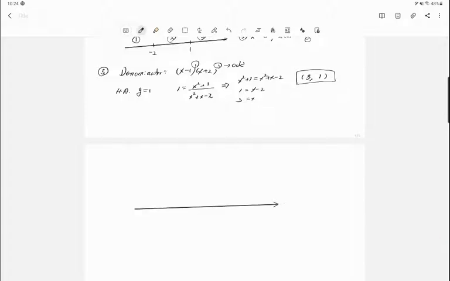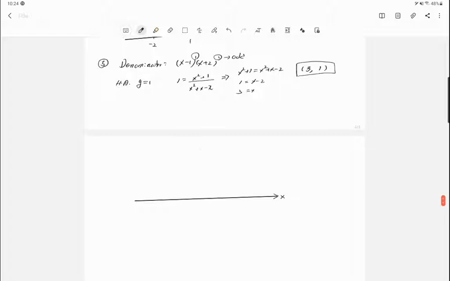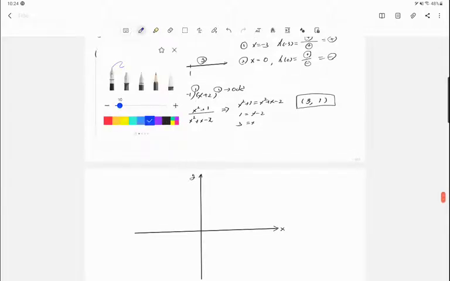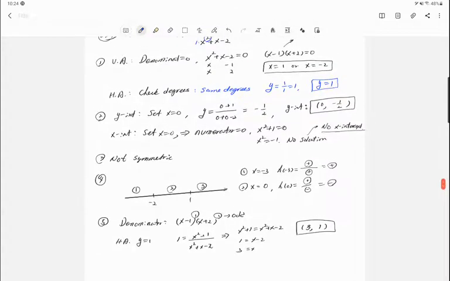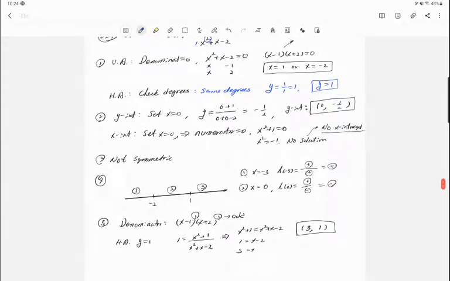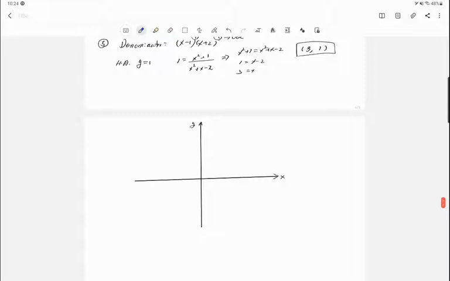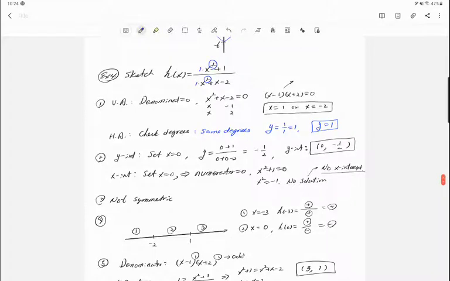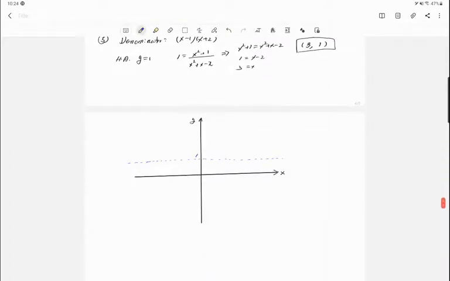Don't get confused. We draw the x-axis and y-axis. Using a different color, the horizontal asymptote is y equals 1. How about the vertical asymptotes? They are 1 and negative 2.